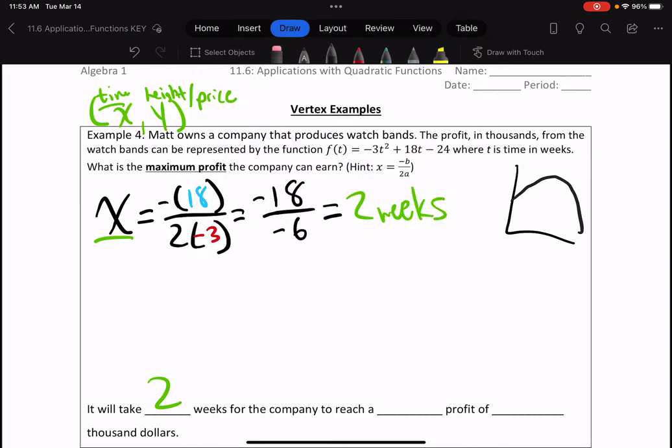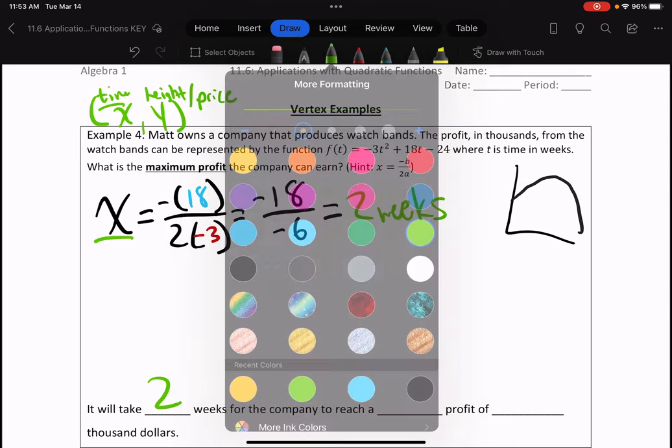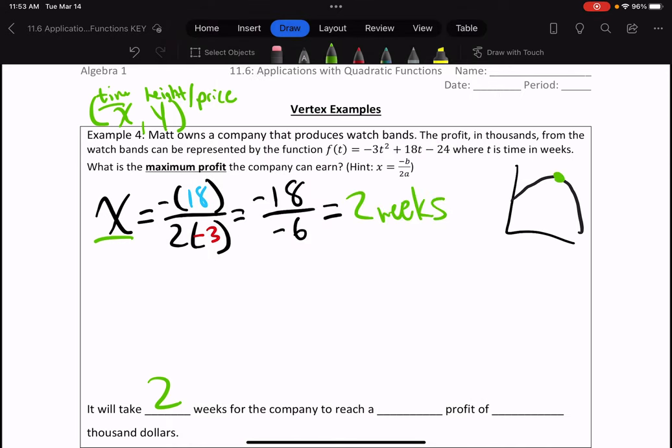So it's going to have a max profit, and then it's going to eventually come down from the max profit, okay? So I am looking for this upper profit, looking for a maximum here. It also tells me, if you read through it, it says what is the maximum profit the company can earn. So we're looking for a max profit.